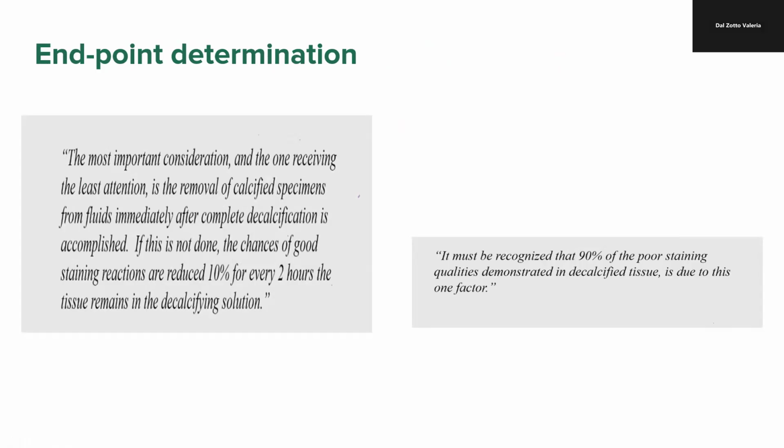One of the most important or difficult steps at the beginning is to decide, well, is my tissue properly decalcified now? Can I take it out from the decalcifying solution? Or should I still continue decalcifying the specimen? That is called the endpoint determination.